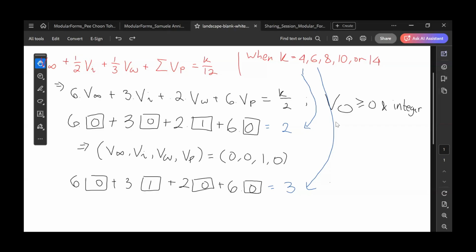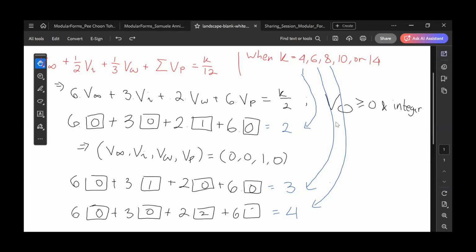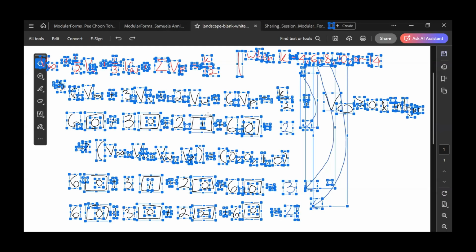What if k is 8? Then this is 4. And the only way to do this is if it is 0, 0, use 2, and use the other 0.